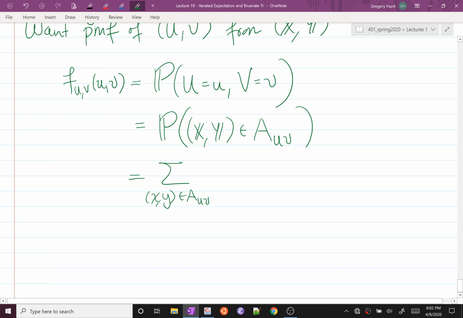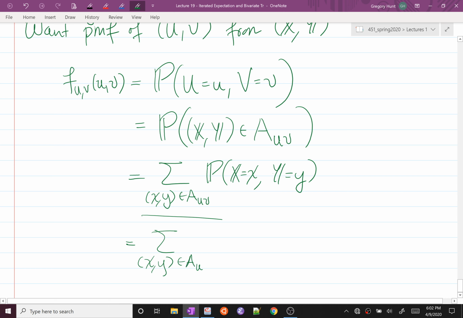And we can sum the probability that x is little x and y is little y over all pairs x and y in A sub uv, which, of course, we know this thing, x is x and y is y, is just what we call the joint PMF of x comma y. So I'll write it like that.